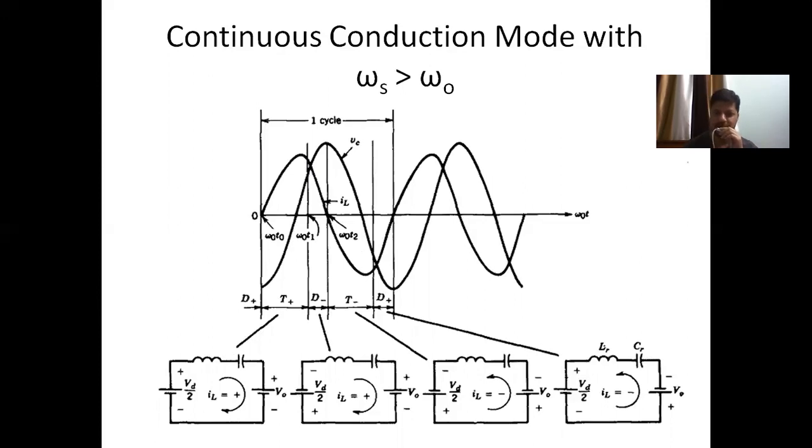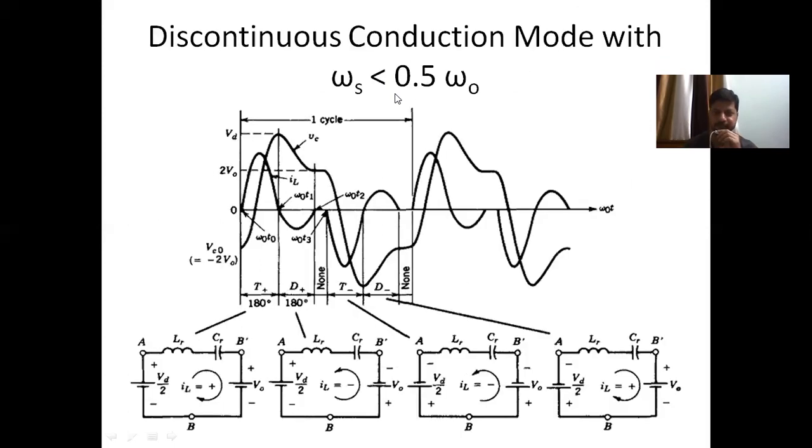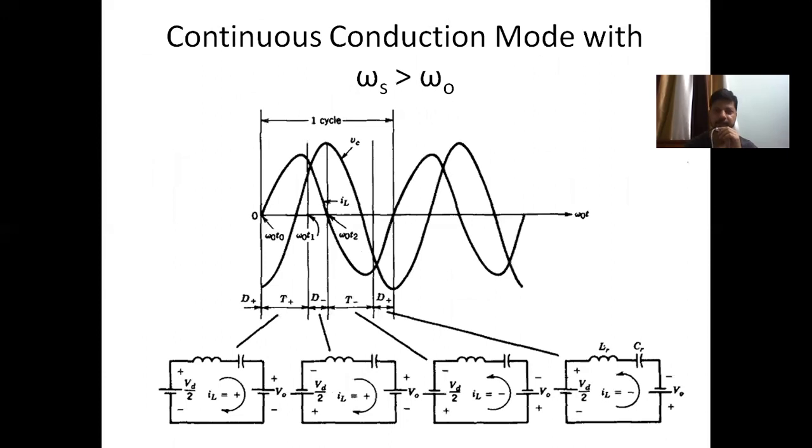Because T plus is now turned off, and the inductor current is still positive, it has no option but to flow through D minus. So the current will continue to flow through D minus, and because a large negative voltage is applied across the LC tank, this current will be forced to zero faster.